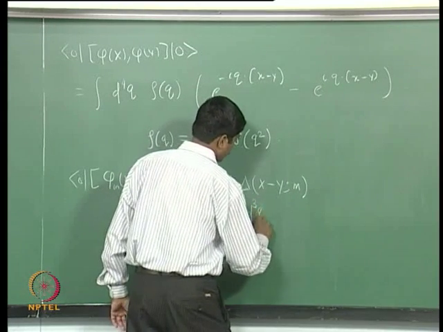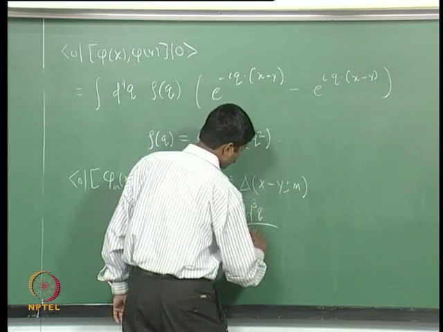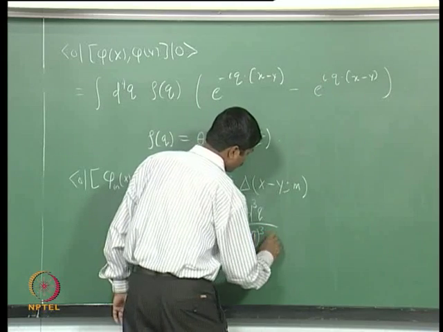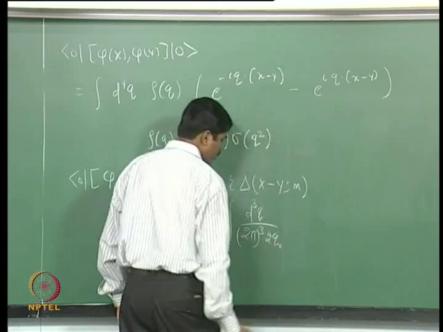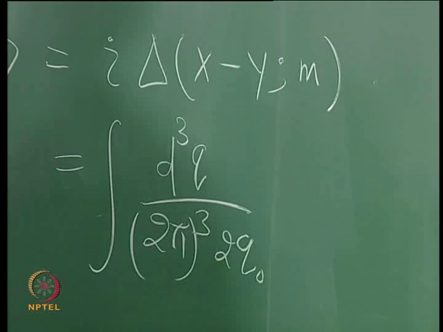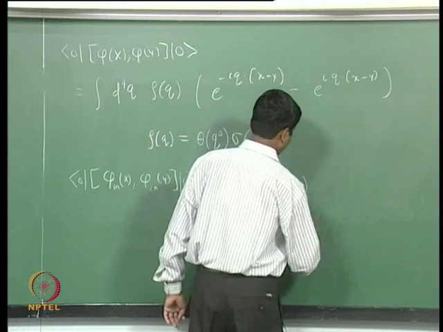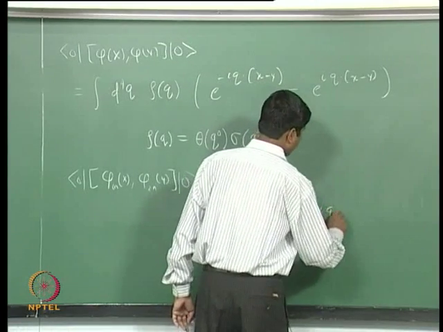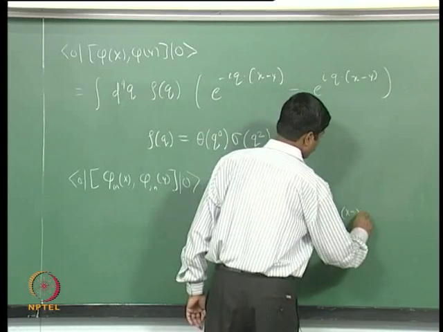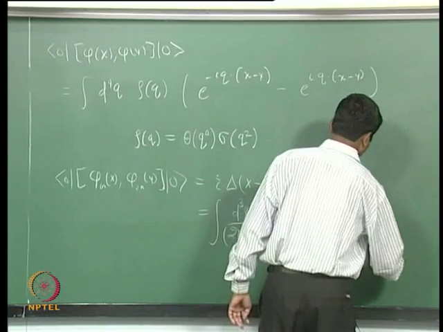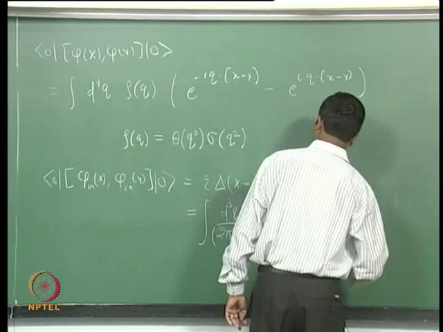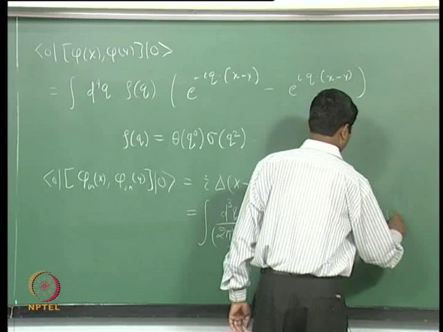the integral dq over 2 pi, q over 2 q0, times e to the power minus i q dot (x minus y) minus e to the power i q dot (x minus y).